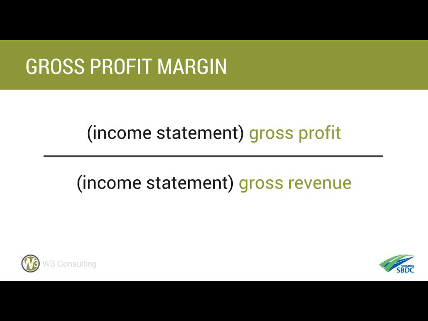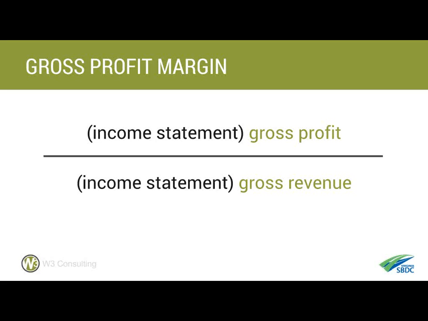So one of those is gross profit margin. You want to make sure that you have an acceptable gross profit margin, and we use the gross profit margin to be able to calculate selling price in our business. This can actually help you gauge whether you need to increase or decrease your selling prices or the rates that you're charging in your business.